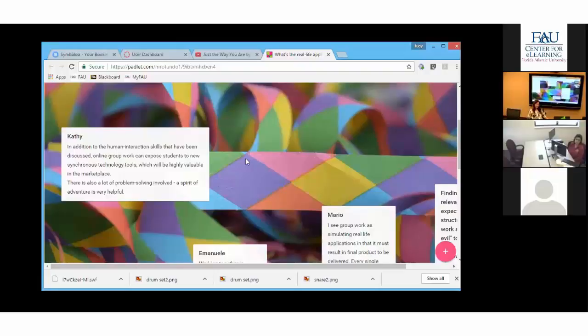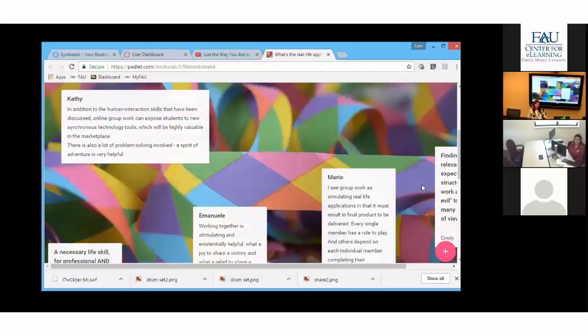And in group projects, there are always going to be problems. We can either approach it as, I hate it because there are problems, or we can approach it as, all right, here we go into a new way to solve problems. And if you think about it in terms of marketable skills, the marketplace definitely wants folks who know something about synchronous online collaborative tools and problem solving.